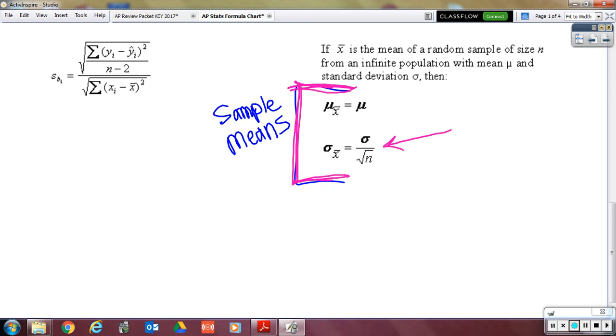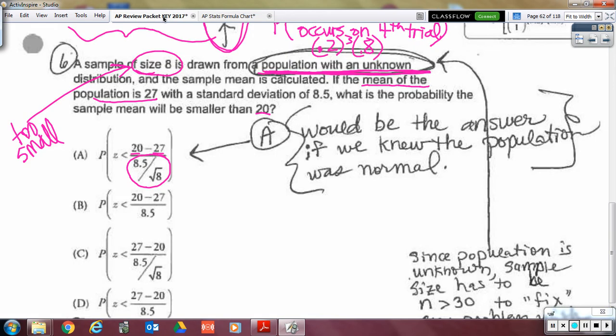That is why this is 8.5 over the square root of 8. That would be the appropriate formula if we knew that the population was normally distributed, because then the small sample size would not be a problem.